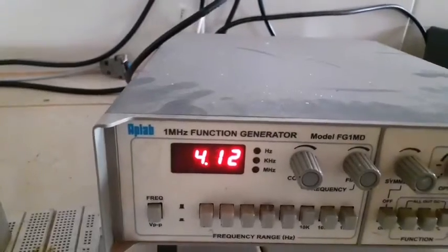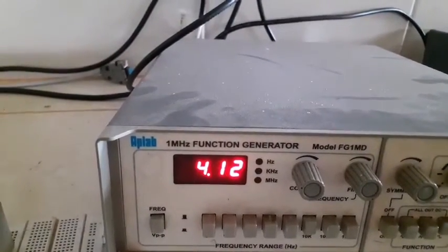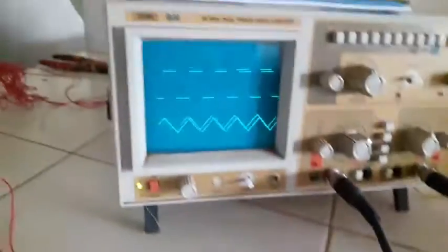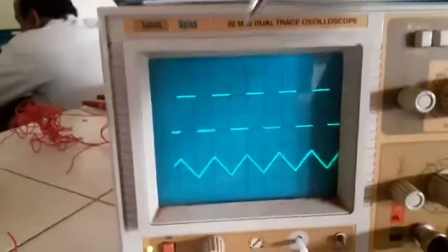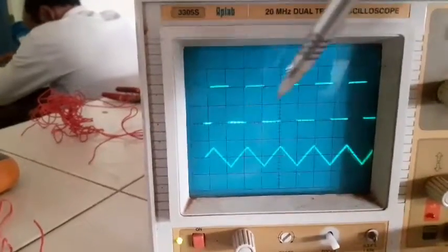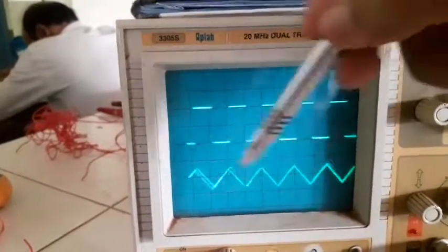Yes, we have set its voltage 4 volts. Let us see its CRO output. This is your input square wave and the bottom one is your output.